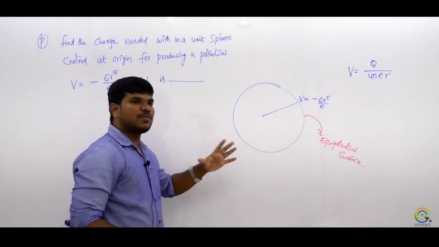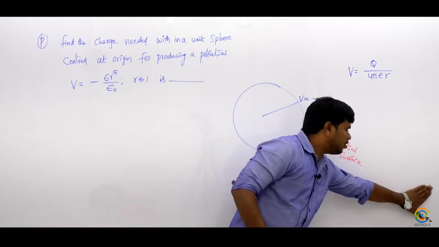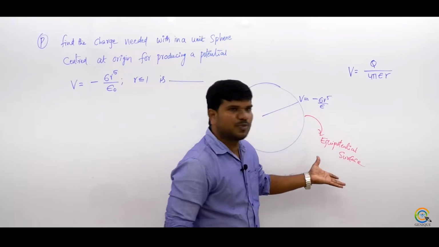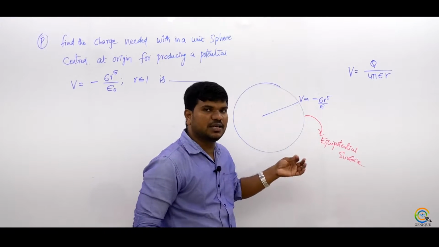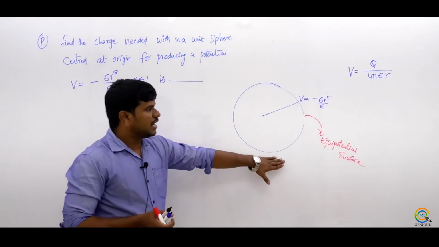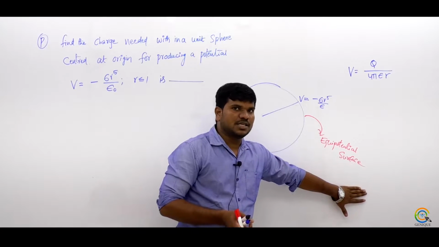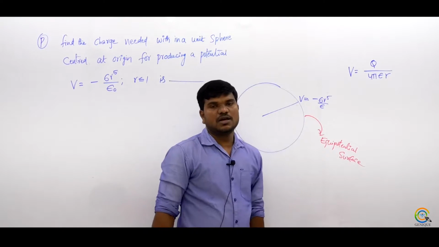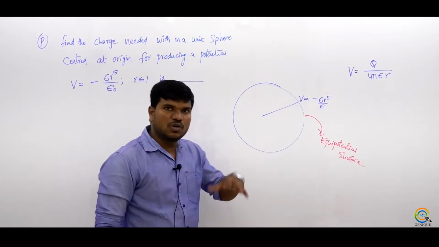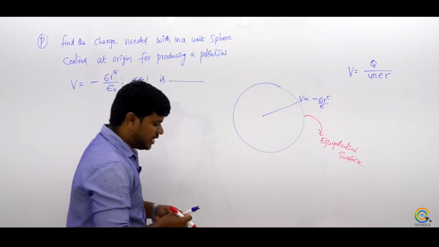While we are talking about an equipotential surface, we commonly think of a conductor. An equipotential surface may be a conductor surface or something else. Wherever you find an equipotential surface, if you want to find the voltage function, we should go for the Poisson's and Laplace's equations.